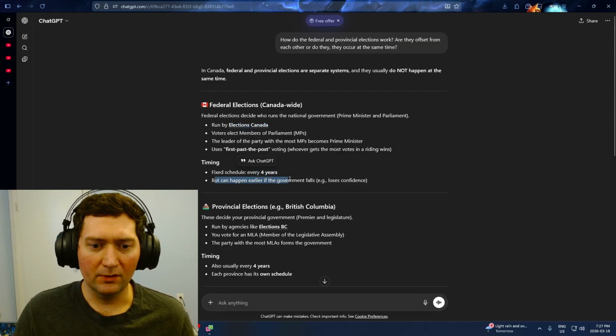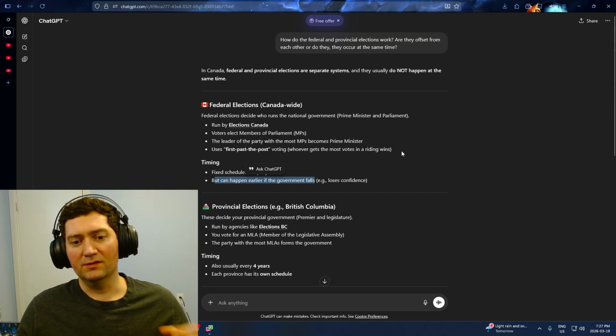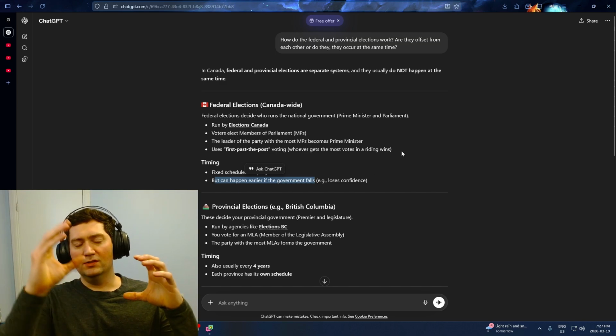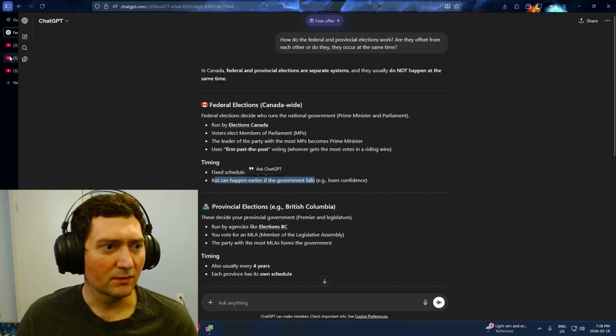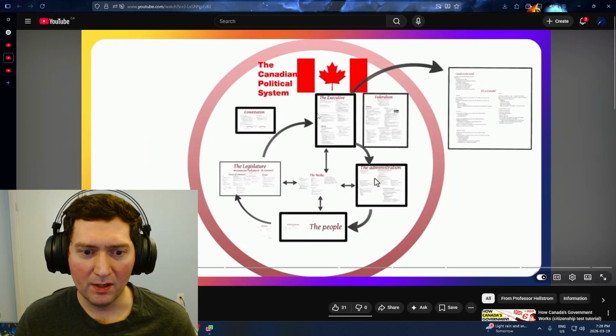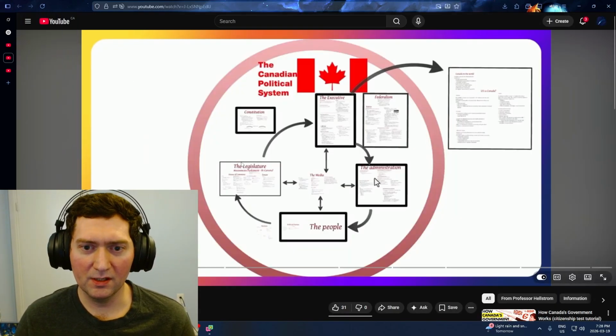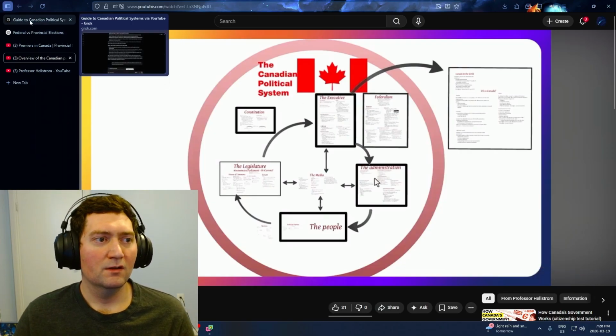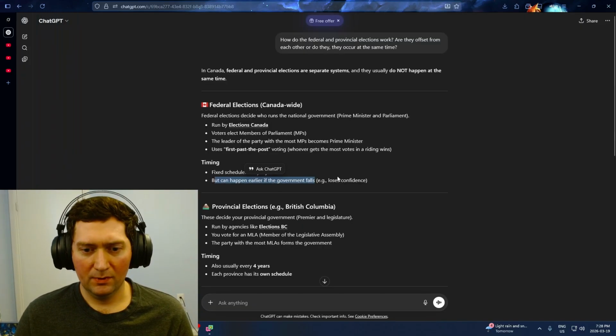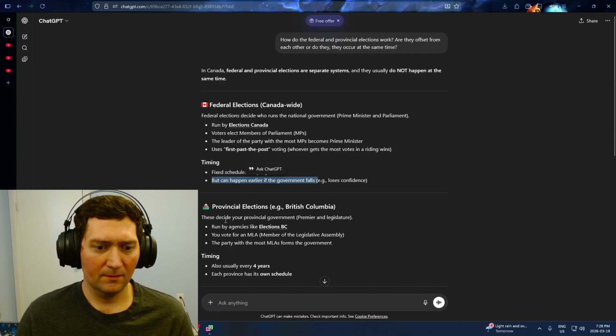It can happen earlier if a government fails, that's when the House of Commons, the legislative, loses confidence in the executive. That is how you end up with an election that happens earlier.